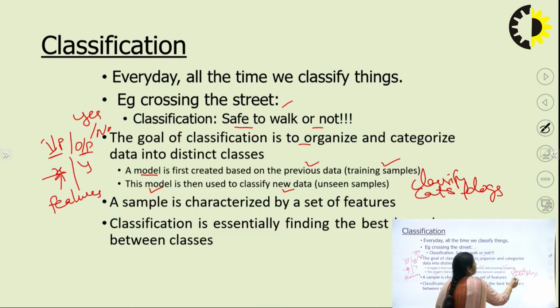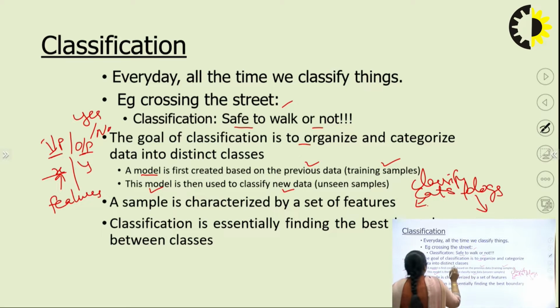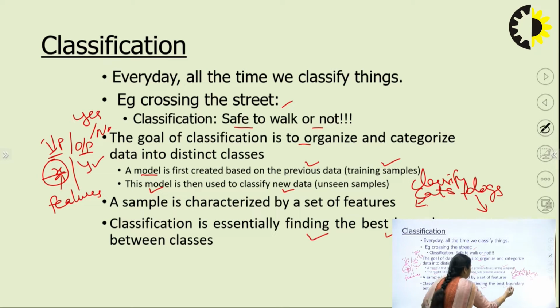We will have some features of cats and some features of dogs. Those features form our input. Based on those inputs, we prepare the previous data in which we have the two classes information, that is the output, cat or dog. Based on that, we do the classification. So classification is finding the best boundary between the classes.